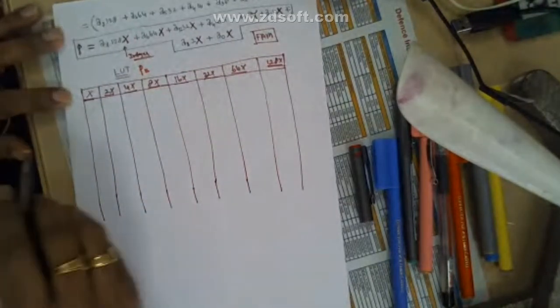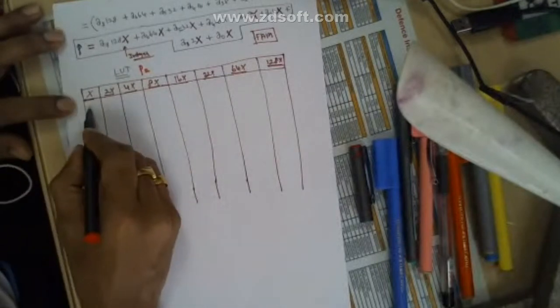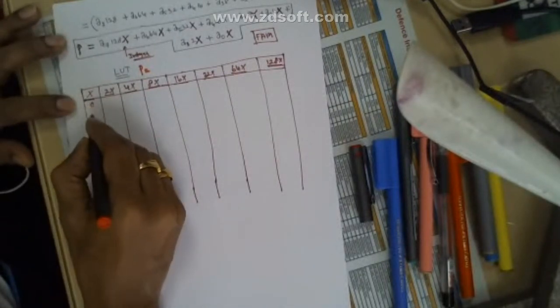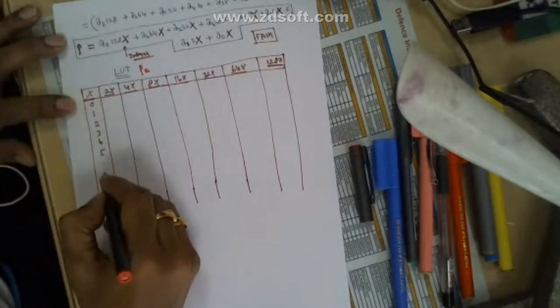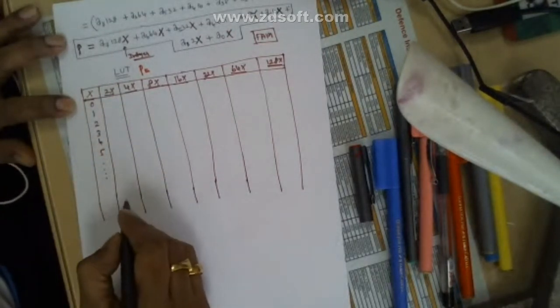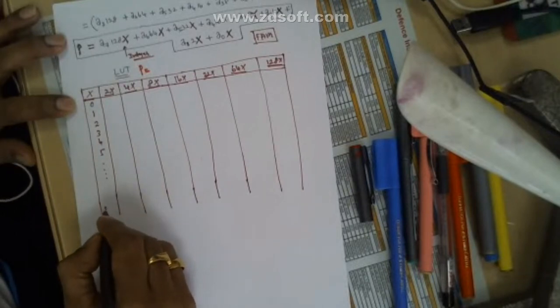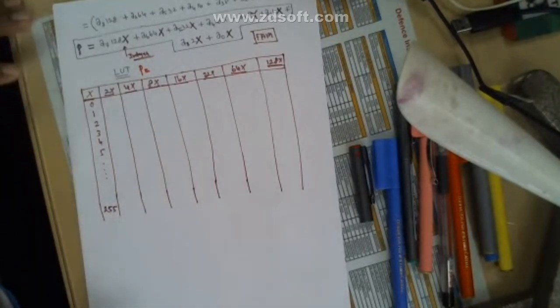Suppose I am taking X as 0, 1, 2, 3, 4, 5 and so on. In this case, X will go up to 255. Why 255? Because we are taking an 8-bit multiplier now.